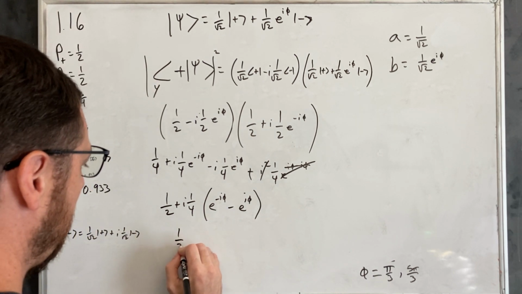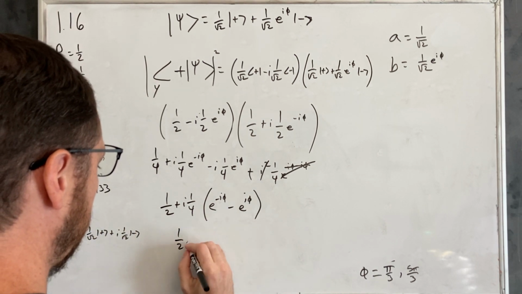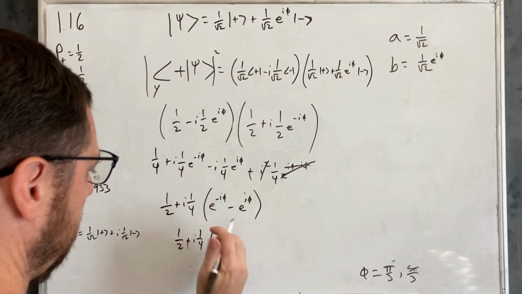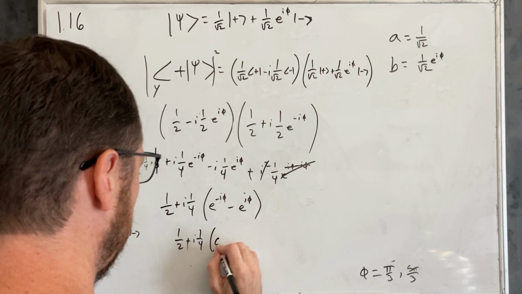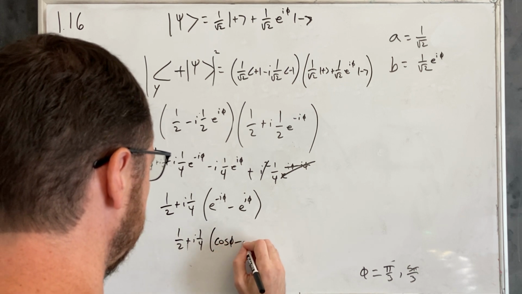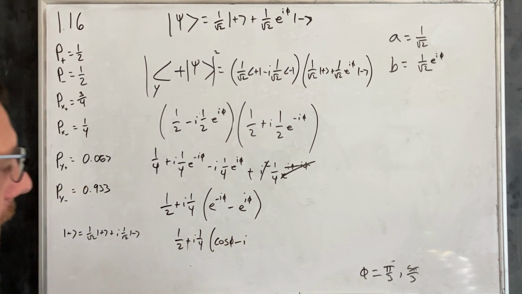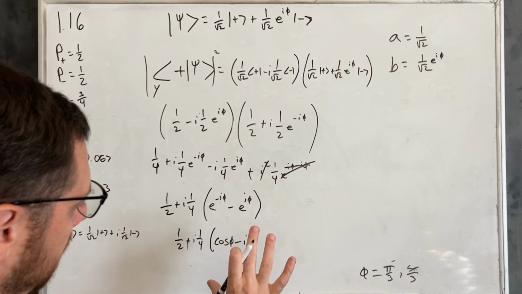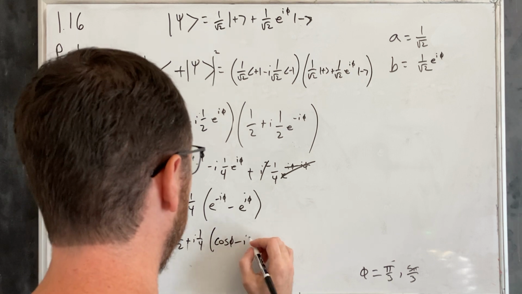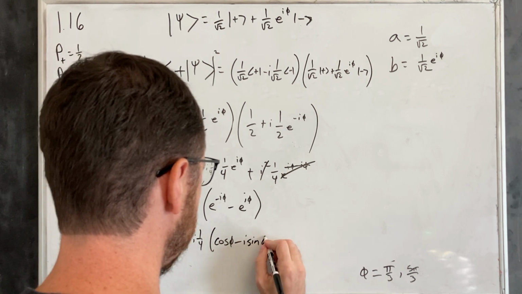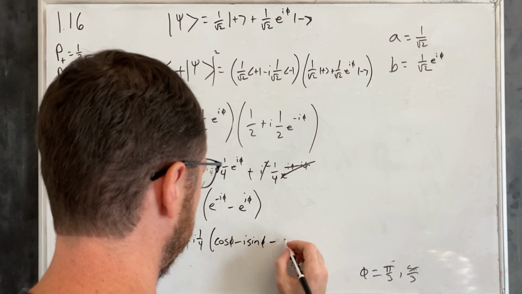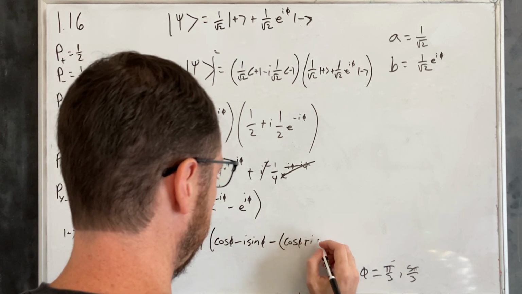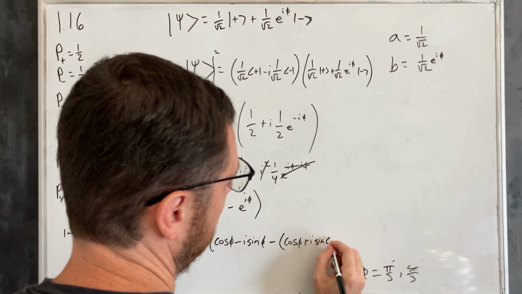So we have 1/2 plus i 1/4. And then our negative i phi, we have cosine phi minus i sine phi. It doesn't really matter because these are going to cancel out anyway. And then we have a minus cosine phi plus i sine phi.